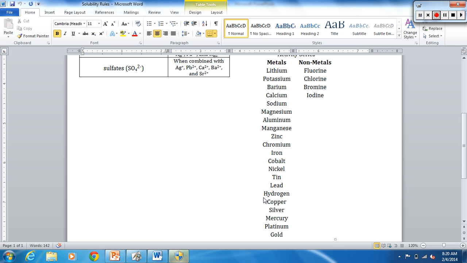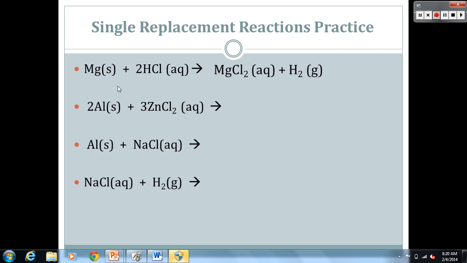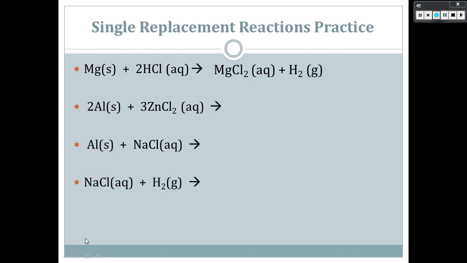So if hydrogen shows up with chlorine, and then here comes magnesium, magnesium is way more attractive than hydrogen, definitely going to replace it. And so the magnesium has replaced the hydrogen. And here we can even get our little pen going. So the magnesium replaces the hydrogen.